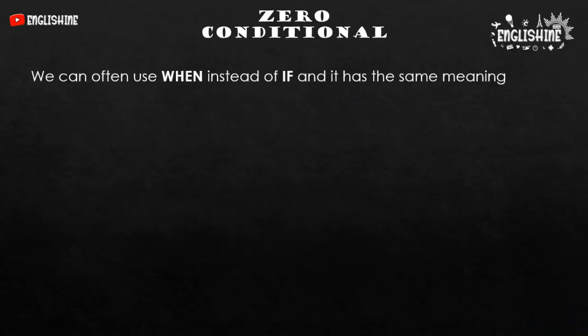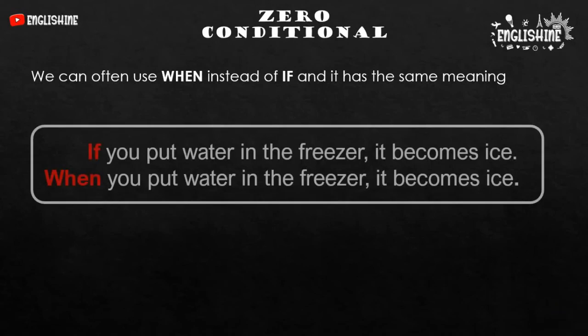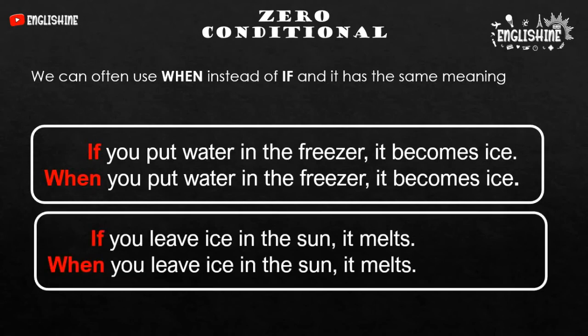We can often use when instead of if, and it has the same meaning. We can say, if you put water in the freezer, it becomes ice. Or you can also say, when you put water in the freezer, it becomes ice. Another example, if you leave ice in the sun, it melts.